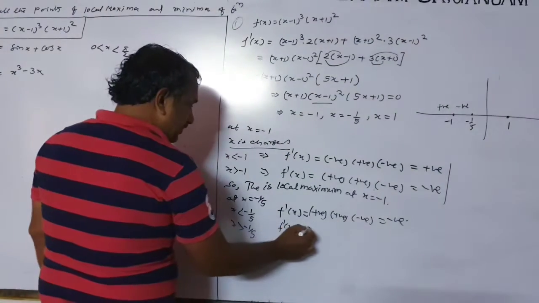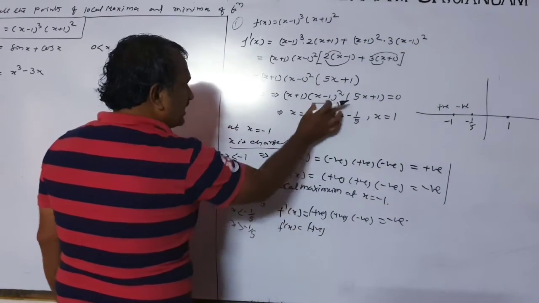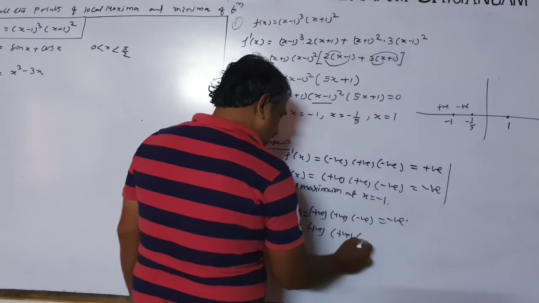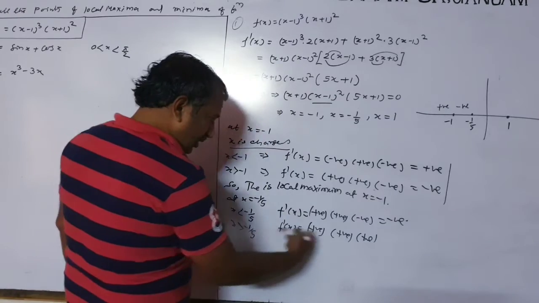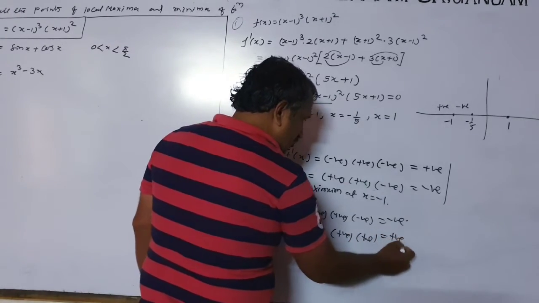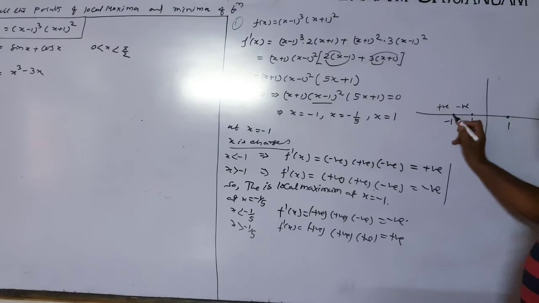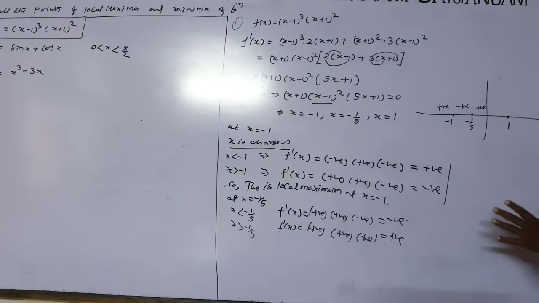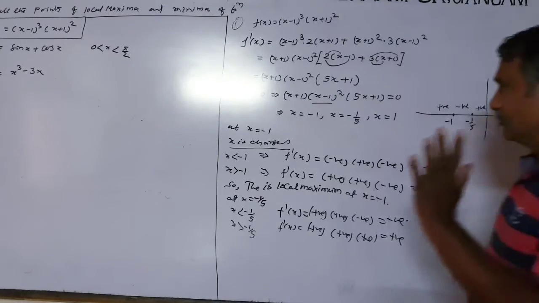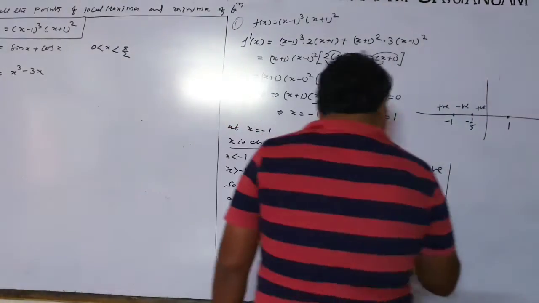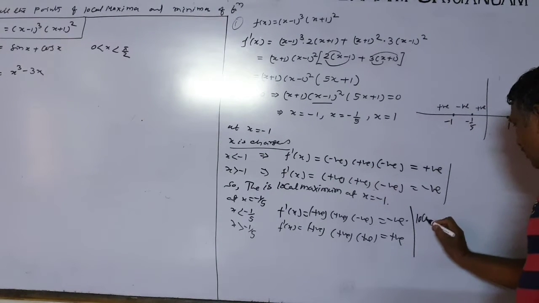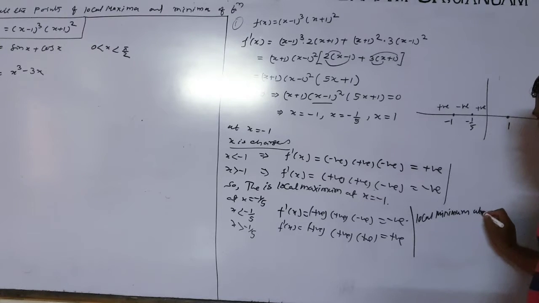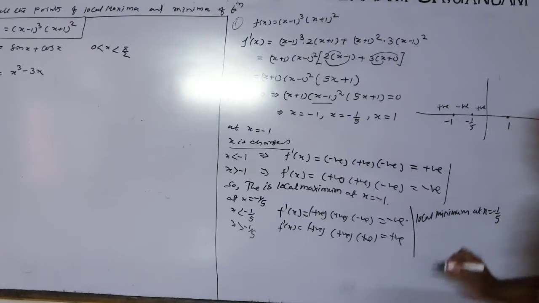This is positive, this is also positive, and this is also positive, so the total is positive. Negative to positive means local minima. So the function has a local minimum at x equal to -1.5.